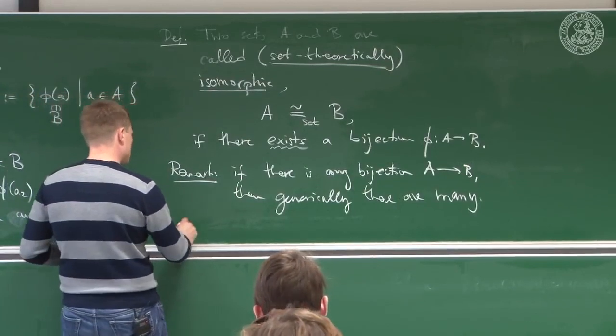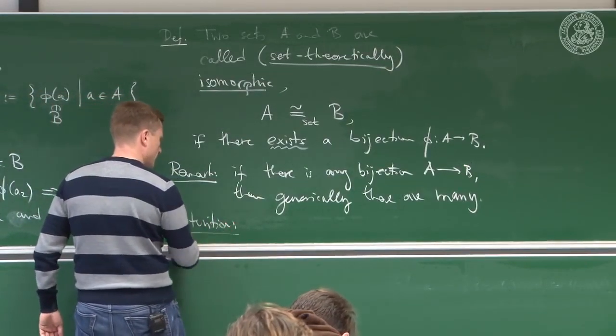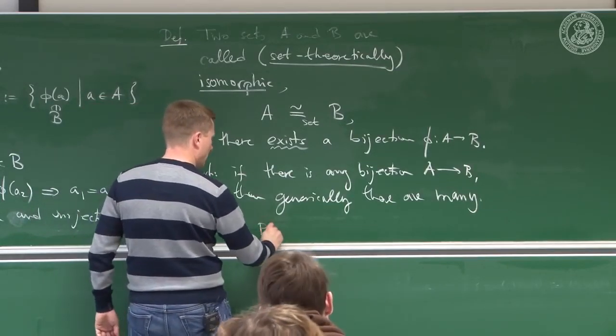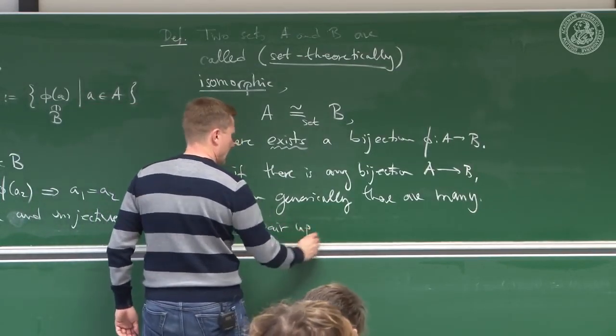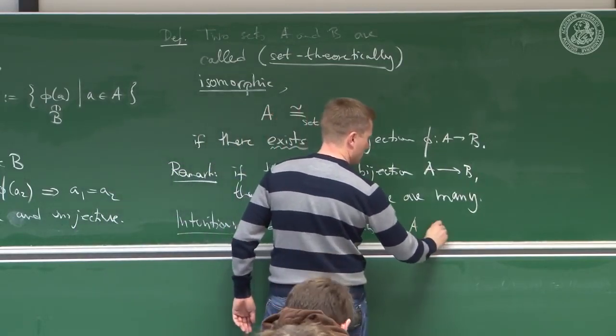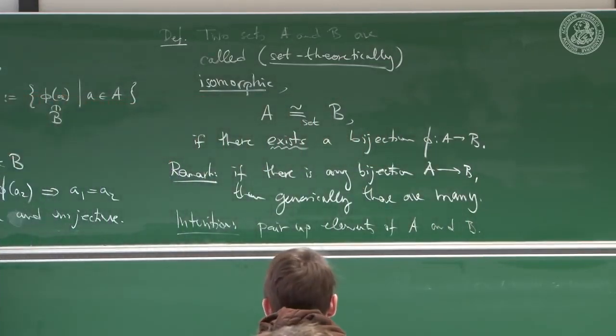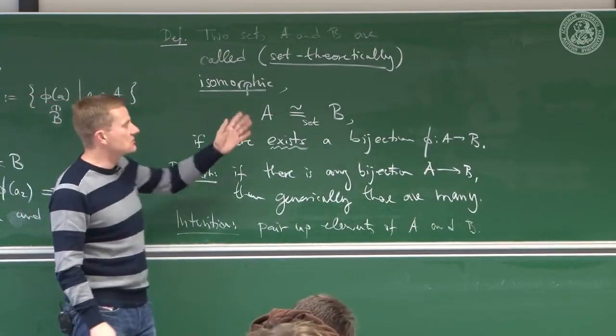And the intuition about this is to pair up elements of A and B. So if you have two classrooms, one with boys and one with girls, you can ask, are they isomorphic?